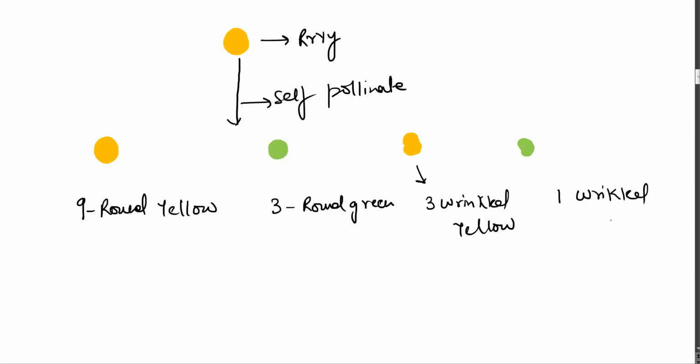The F1 generation on self pollination gives you the F2 generation.